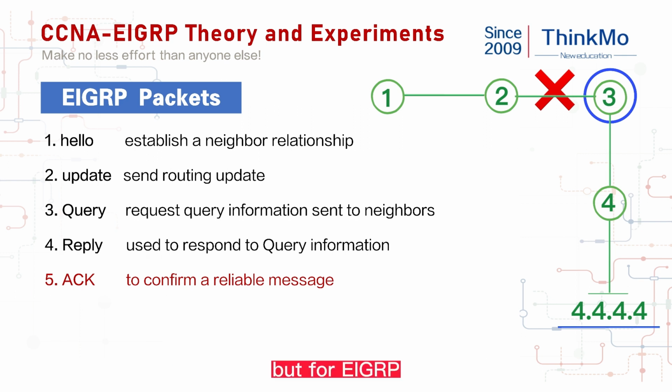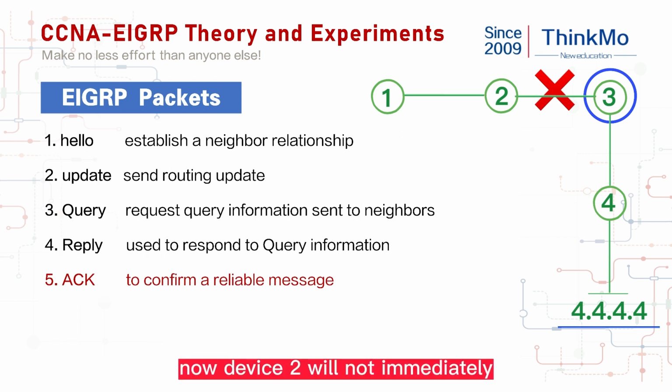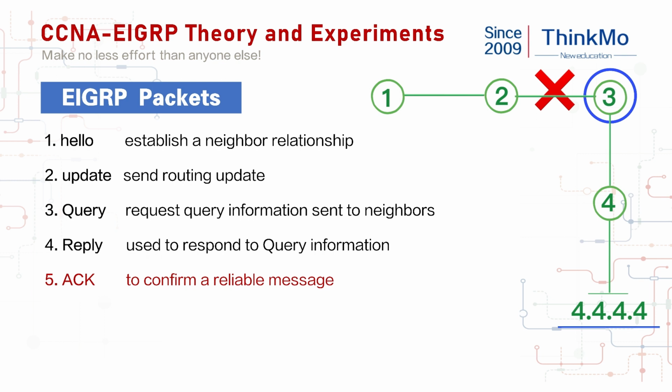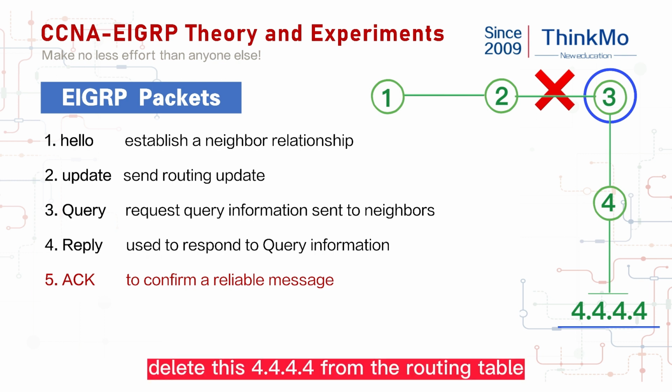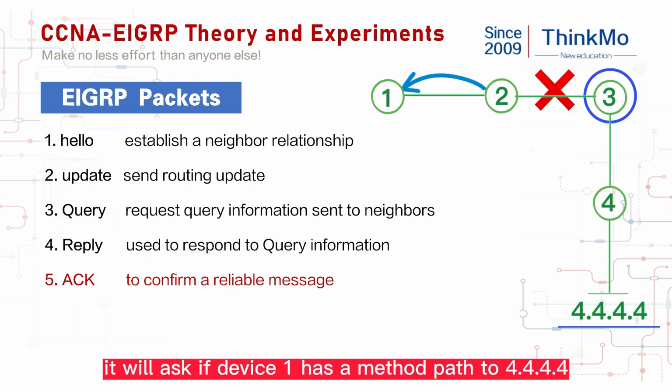But for EIGRP, now device 2 will not immediately delete this 4.4.4.4 from the routing table. It will send a query message to its neighbors who are still there. So now it has only one neighbor left. It will send a message to device 1. It will ask if device 1 has a path to 4.4.4.4.